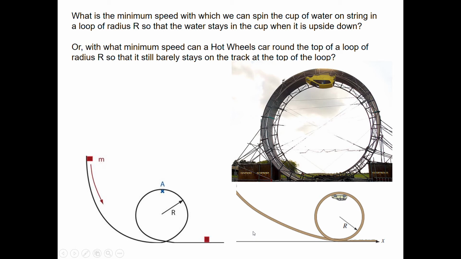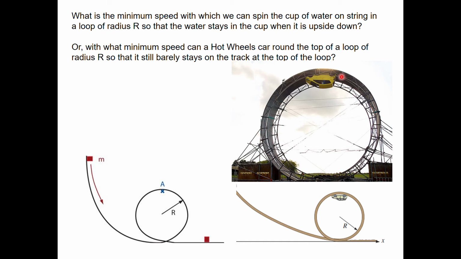Someone actually did this in a real car a few years ago. I guess it had never been done before, but they built this track and someone drove a car in this huge loop. And it actually had to be fairly carefully done because human beings can only take so much acceleration in their body before you start to pass out. The blood gets pulled out of your head and you can actually lose consciousness. So this car had to go fast enough to make it all the way around the loop.